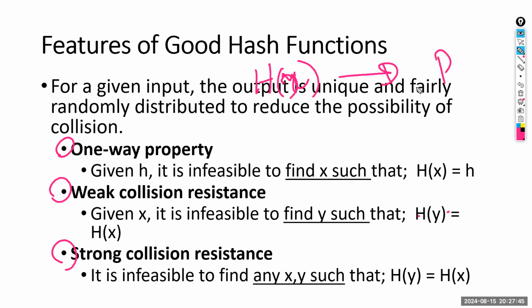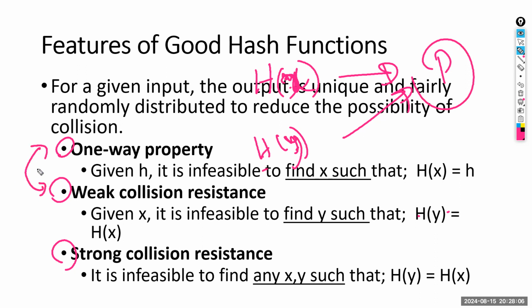So we must not be able to find another y, where hash y is the same as hash x. So again, sort of the same thing. You must not be able to easily find a y value that will give the same hash value. So you can see that it is pretty much the same story, put in two different points of view, two different contexts.